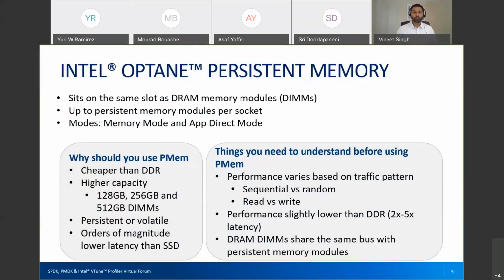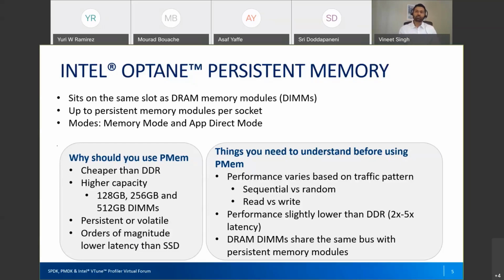And you can put up to 6 persistent memory modules per socket. I think there is a typo here. Sorry about that. You can put up to 6 memory modules per socket. And as I mentioned earlier, this new technology can be used in memory mode and app direct mode. And I'm going to go into details of what memory mode is, what app direct mode is.